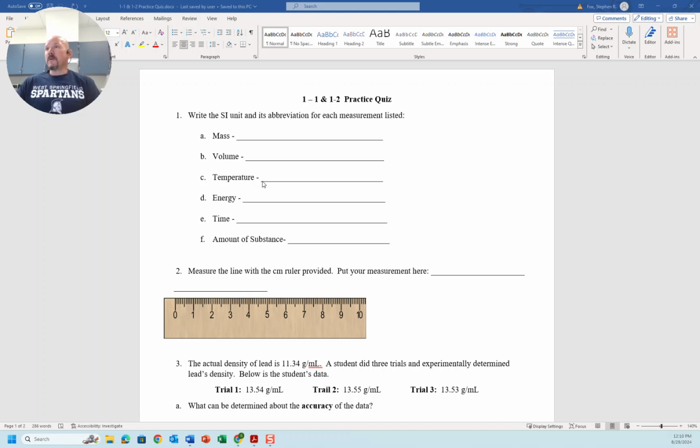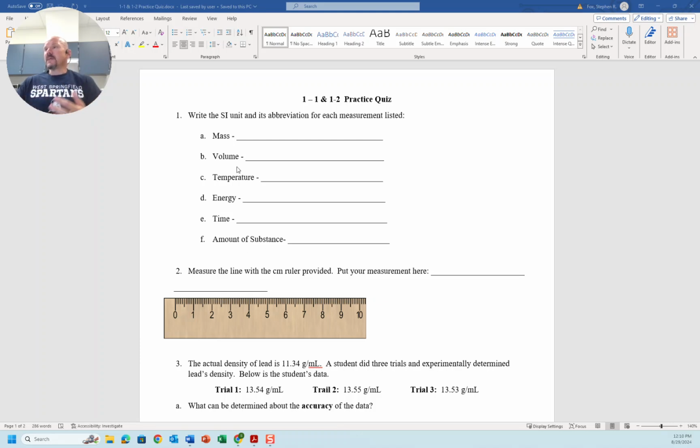Temperature is a special one. Remember, it's Kelvin. Energy is one that maybe you haven't used a lot in the past. We will use it a lot later this year, but energy is joule. And then the amount of substance. The way I wanted you to frame that was number of particles, count of particles, tally of particles.